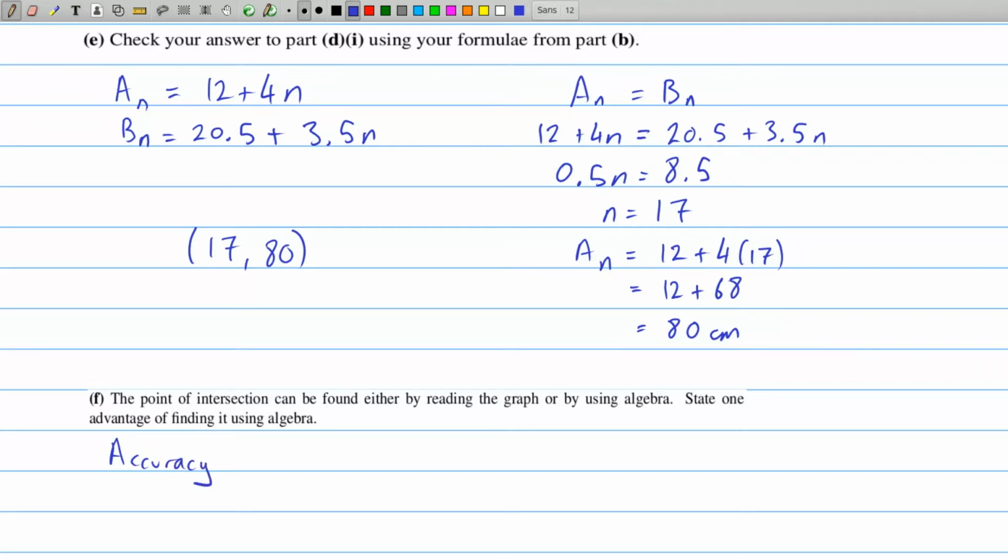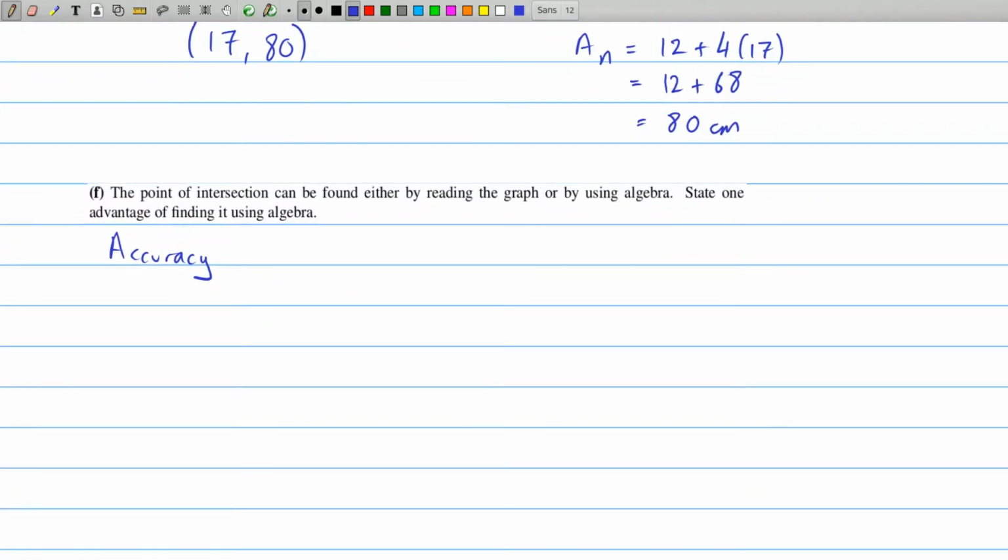So using the graphs does depend on how well your graph has actually been drawn, and it's not necessarily a fault of the way you're drawing it. It's sort of a fault of graphing it in general, especially with the graph that we had, because the lines have very similar slopes. It was very difficult to pinpoint exactly where the point of intersection was.